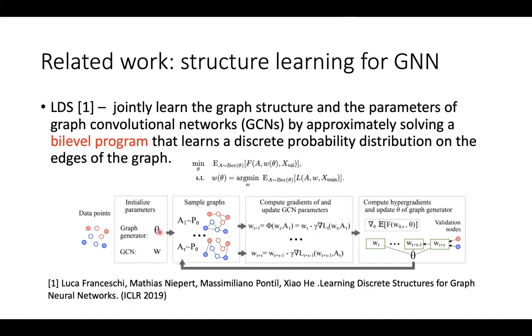Based on this initialization of theta, we generate several sampled adjacency matrices, A1, A2 until A tau. For each of these generated graph structures, we use it sequentially to update W, because once we have the graph structure, it is an optimization problem where the GNN operates on a known structure. So essentially, we update W several times.